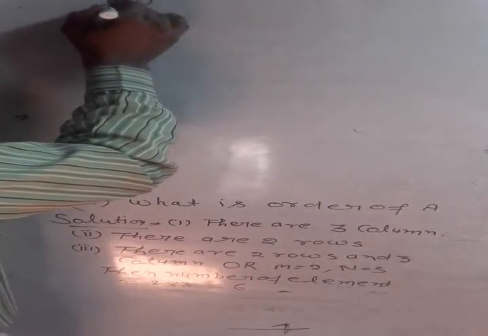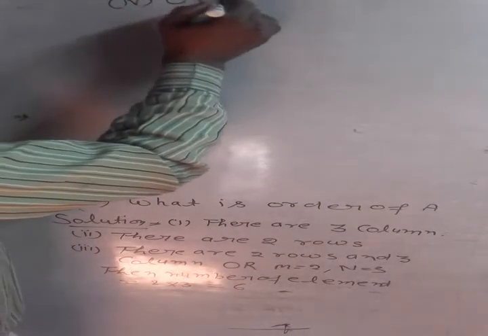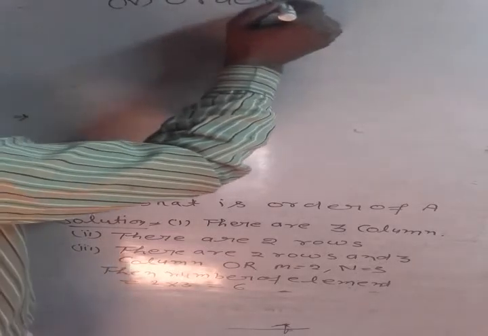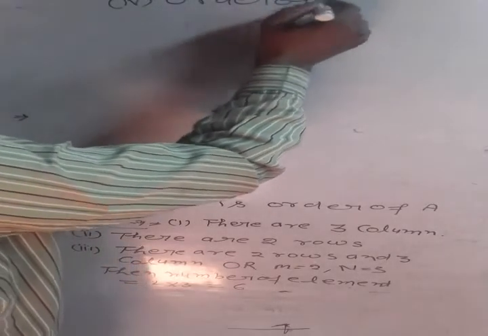Fourth number, the order of the matrix is 2 by 3. Answer.